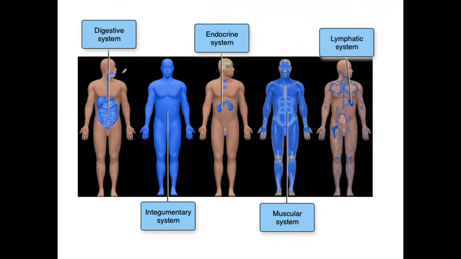Digestive system. Well, we eat food, and it breaks down due to mechanical digestion that we have in the mouth and some chemical digestion we have in the mouth. And we have lots of chemical digestion happening here in the rest of the gastrointestinal tract.